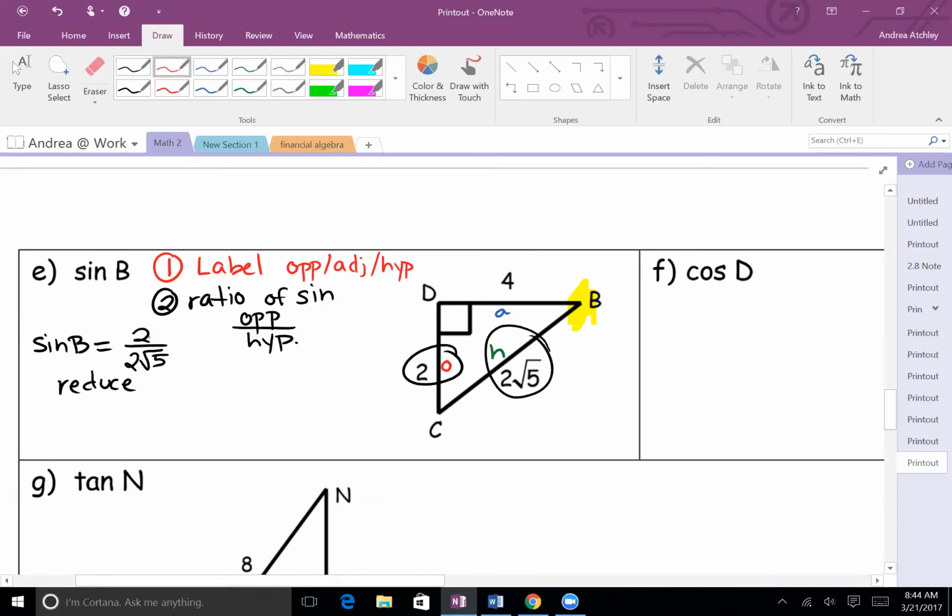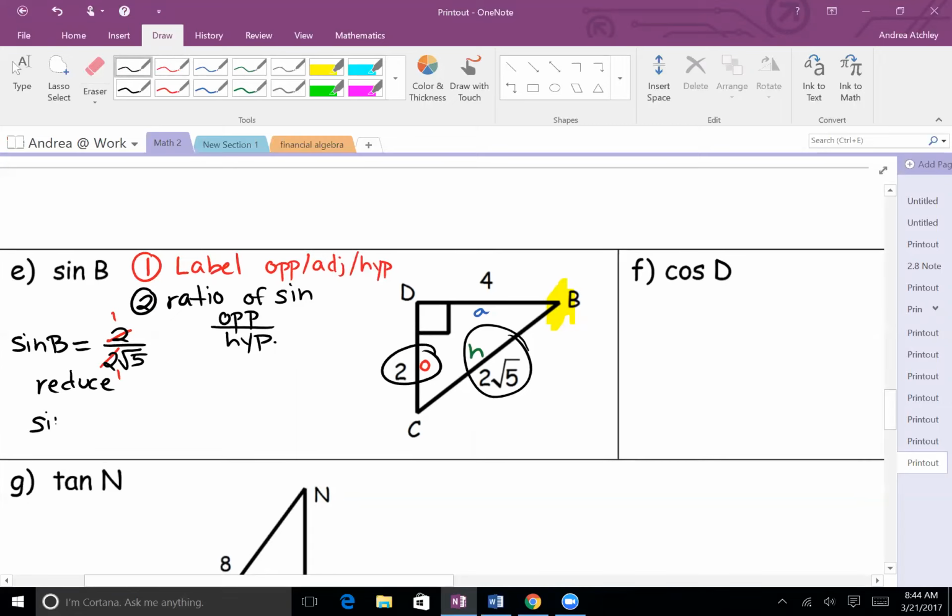So 2 and 2 are both outside of the radical, so you can reduce those. 2 divided by 2 is 1, and 2 divided by 2 is 1. So you get the sine of B equals 1 over the square root of 5. And you're just going to leave it like that.